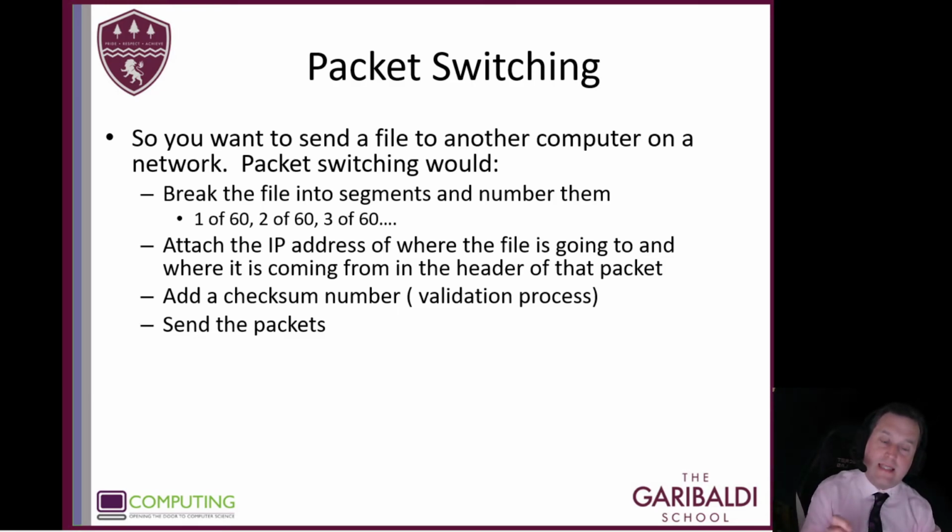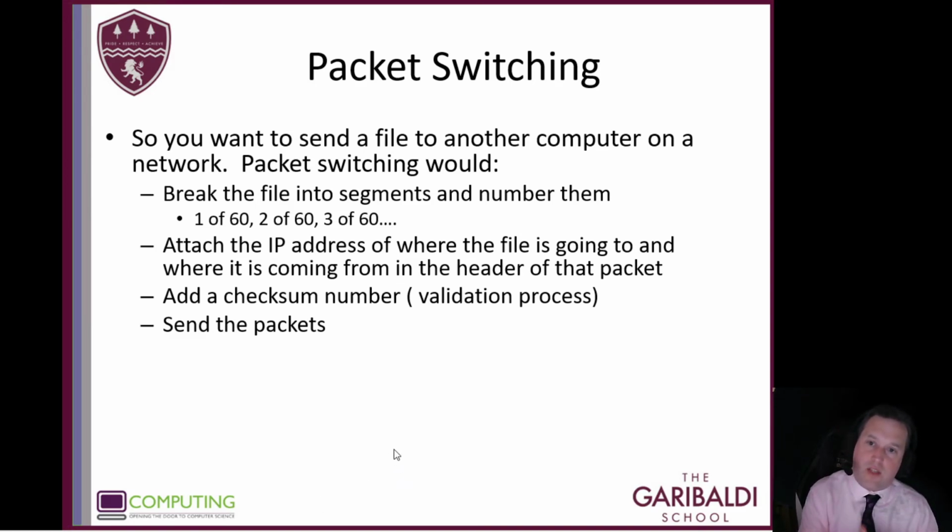If you're sending 60 tiny little pieces and something goes wrong on any of the stages, you just send that tiny little piece again. So the net gain is a massive speed increase of getting that file from A to B, and more reliably, you'll get it there without probably any error, because it will just resend where little errors occur until it gets to the end, and then you'll have the whole file again.